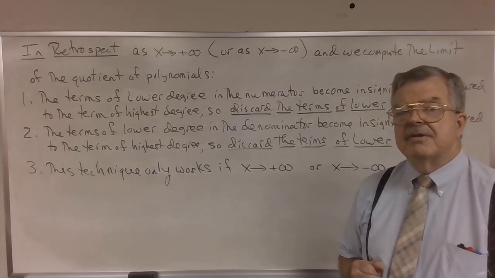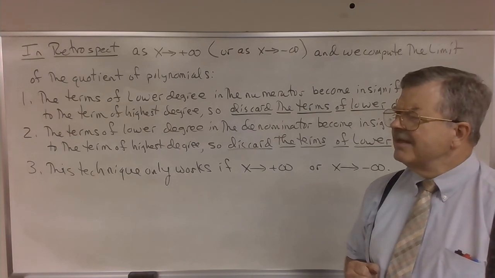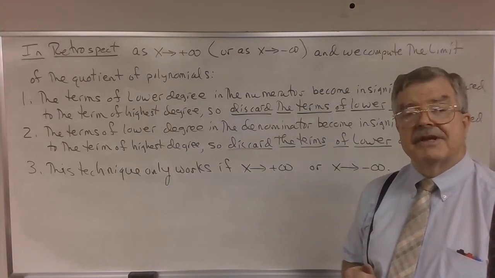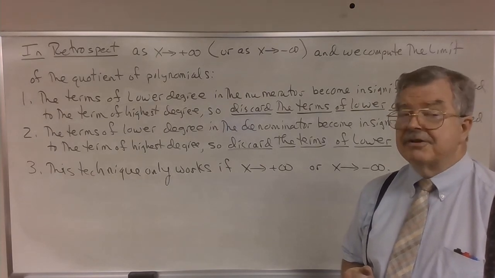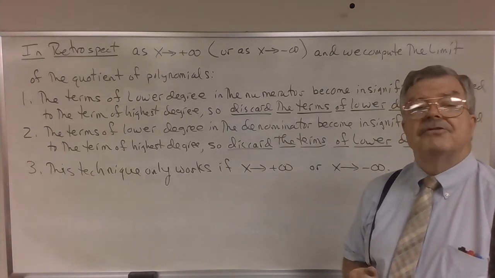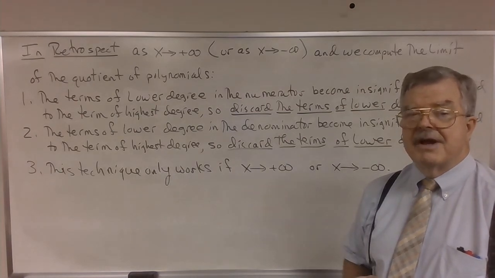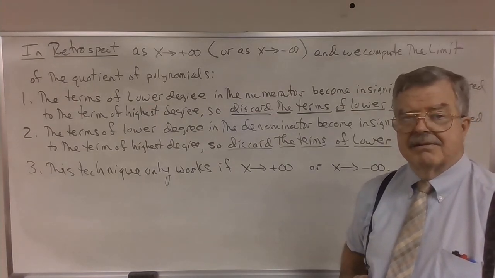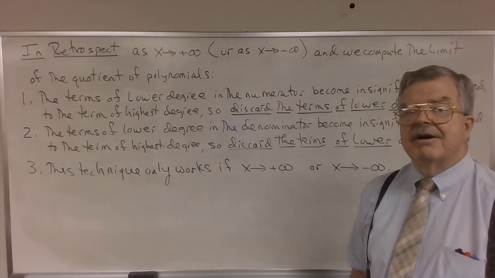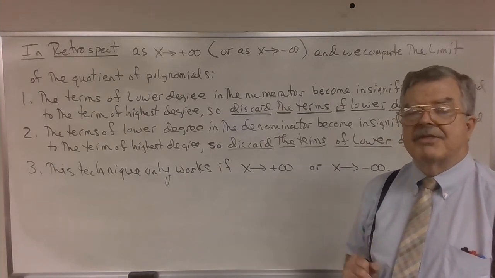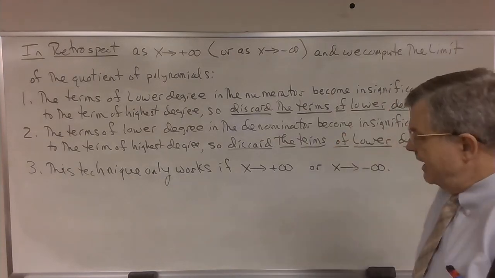We looked at the terms of lower degree in the denominator and said, these terms are insignificant compared to the term of highest degree in the denominator. So we threw all the terms of lower degree in the denominator away. And we ended up computing the limit of the quotient of one term in the numerator and one term in the denominator.